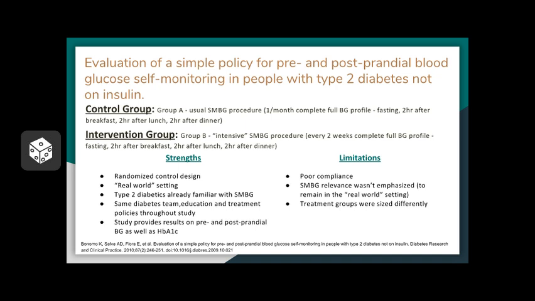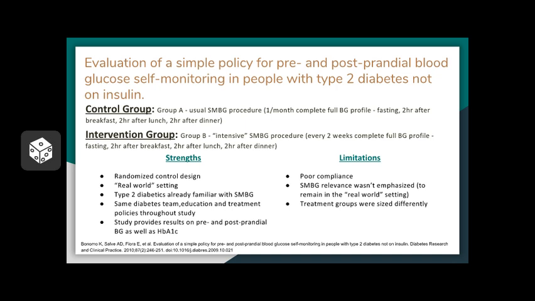So the reason that they kind of went with just the one time a month for the usual SMBG procedure was because in this region in Italy, they do give blood glucose testing strips to type 2 diabetic patients that do not take insulin.